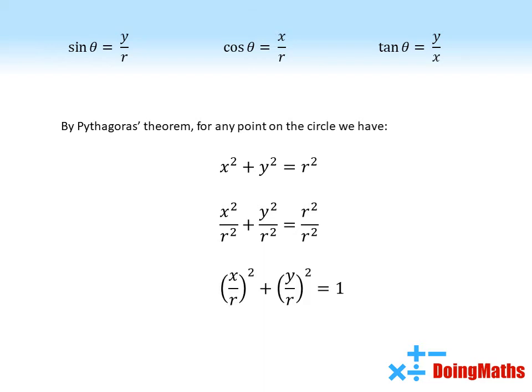But x squared over r squared is the same as x over r all squared, the same for y squared over r squared, and our r squared over r squared cancels to 1. But now looking at our equation, we can see we've got x over r, which is cos, and we've got y over r, which is sine. So we've ended up with cos squared theta plus sine squared theta equals 1.